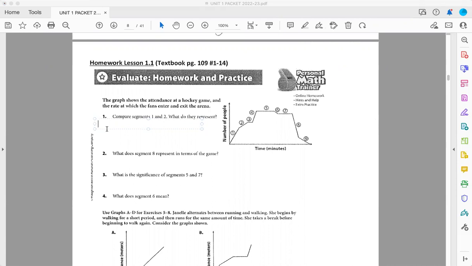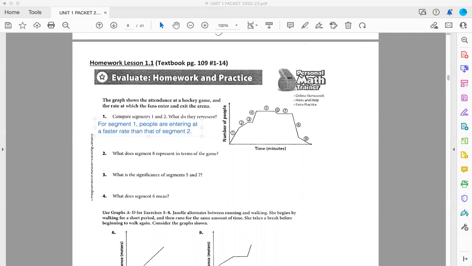So in segment 1, people are entering at a faster rate than in segment 2. Okay, because you see at 1, the line is a little bit sharper, it's more slanted, it's harder to climb.